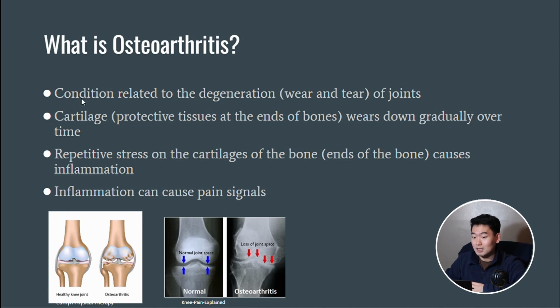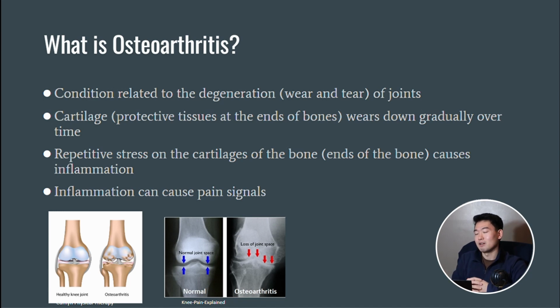And that is a condition related to the degeneration or wear and tear of the joints. Your joints tend to wear and tear over the years because we put load on it throughout our life, right? And so specifically the cartilage of the bone, which is the protective tissue at the ends of the bone, wears down gradually over time.